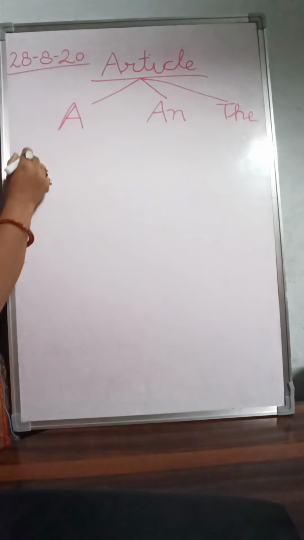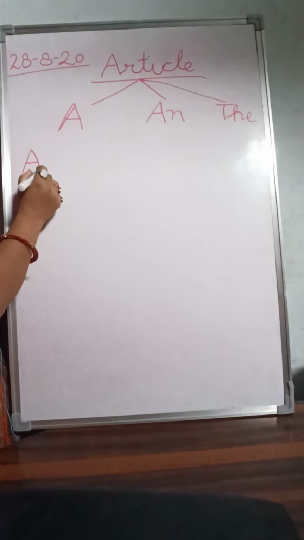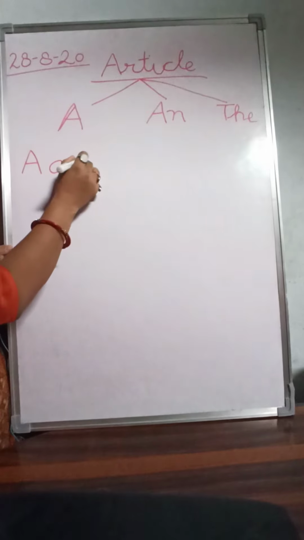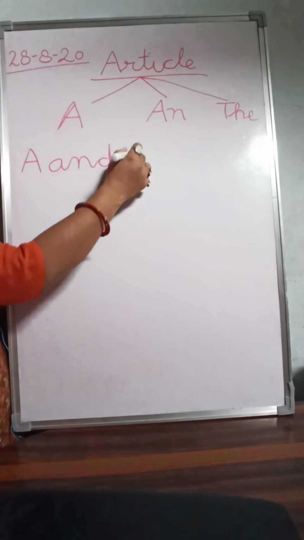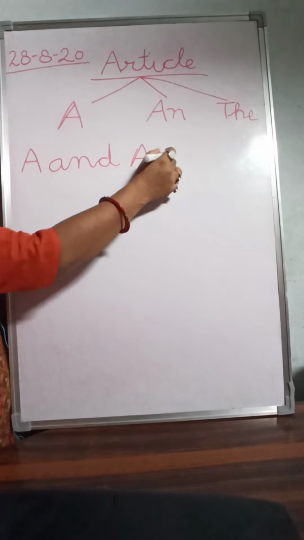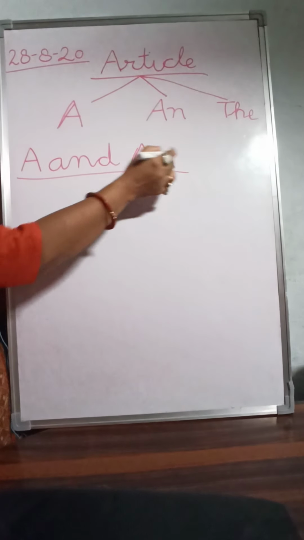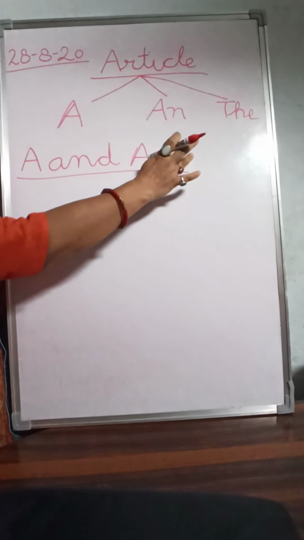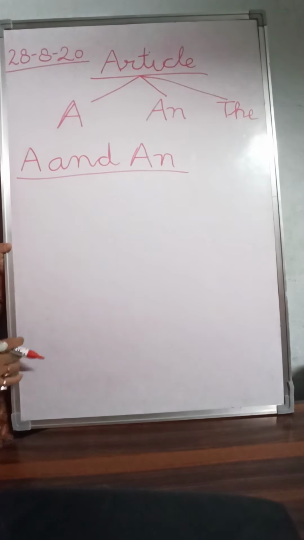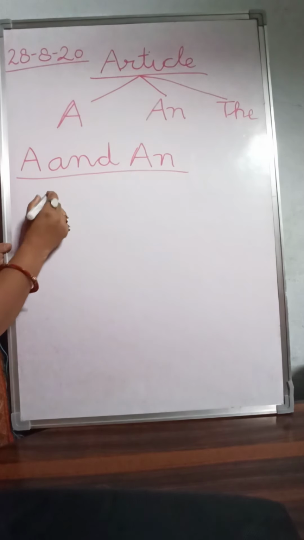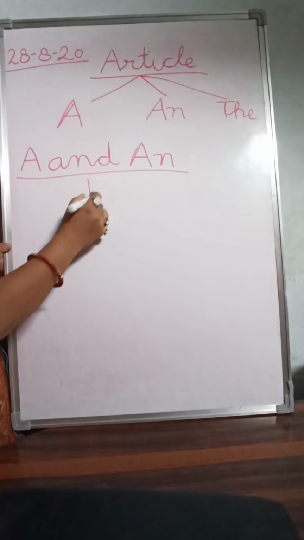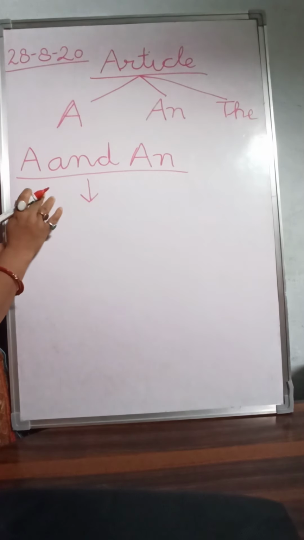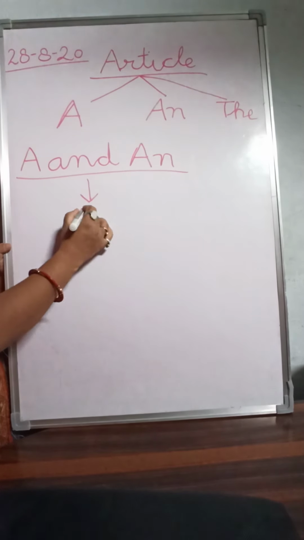See, first we will study article a and an. So dear friends, as you know that a and an means one. What is the meaning of a and an? Meaning of a and an is one.